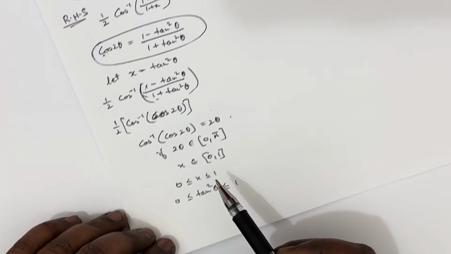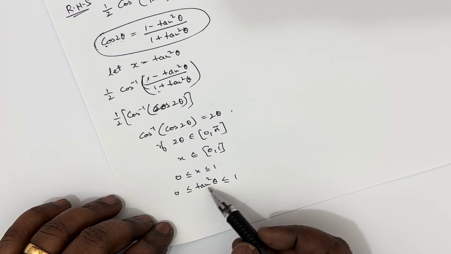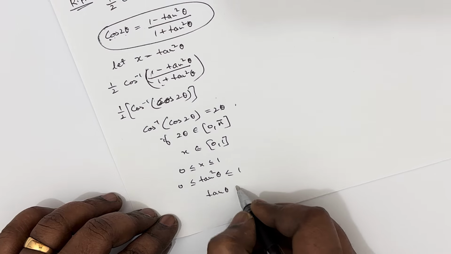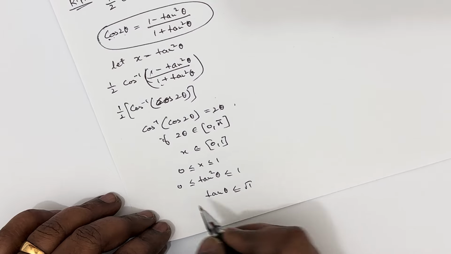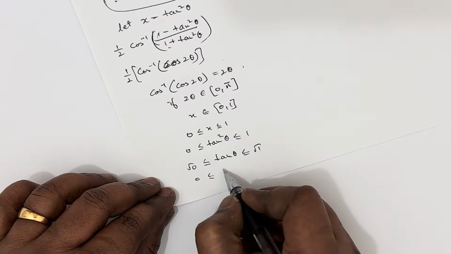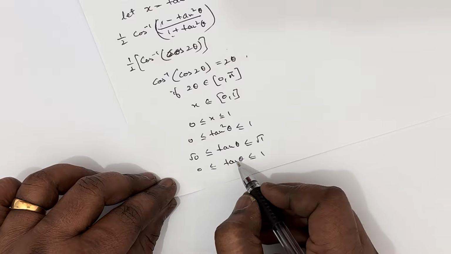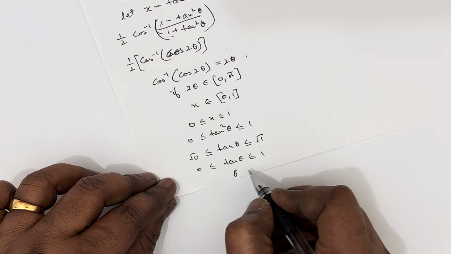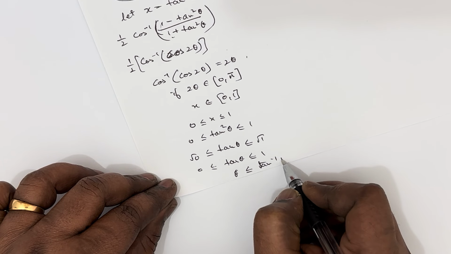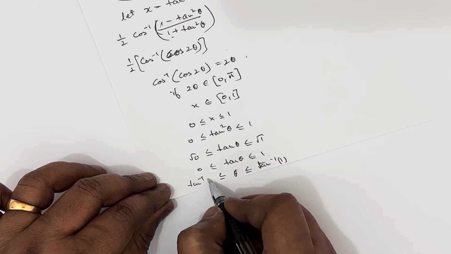Now we have to find out whether 2 theta exists in the range, so we have to take out theta. Let's take tan theta first. Tan theta is greater than or equal to root 0, which is 0, and tan theta is less than or equal to root 1, which is 1. Now theta is less than or equal to tan inverse 1 and greater than or equal to tan inverse 0.